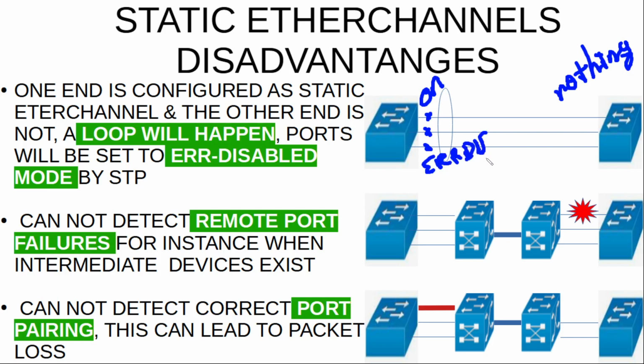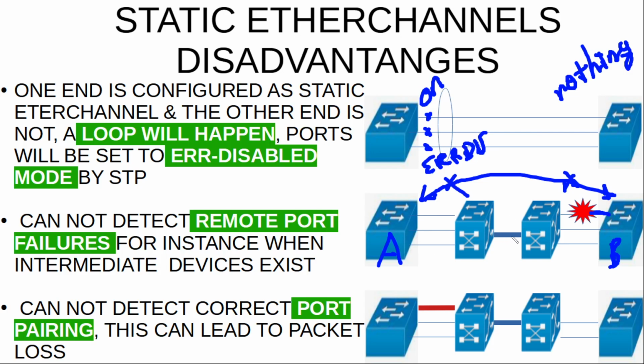First disadvantage of using static Ether channels. Given we are not exchanging control frames, device A here is unable to tell that this particular link failed at switch B, because no control frames are exchanged.